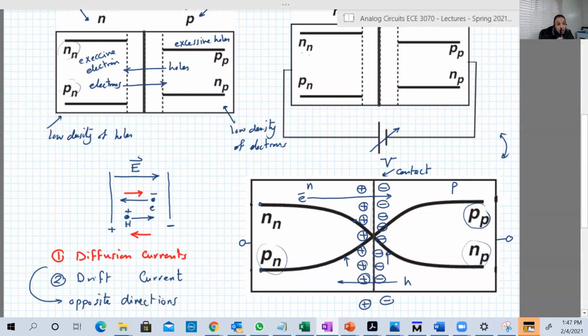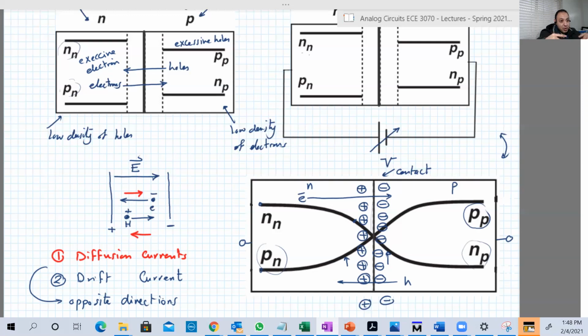Remember, at time equal to 0, we have diffusion current and we don't have drift current. But eventually, for each electron-hole pair that crosses the junction or the contact, there will be two ions, negative and positive.